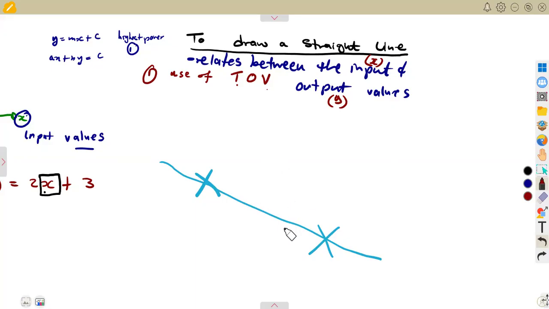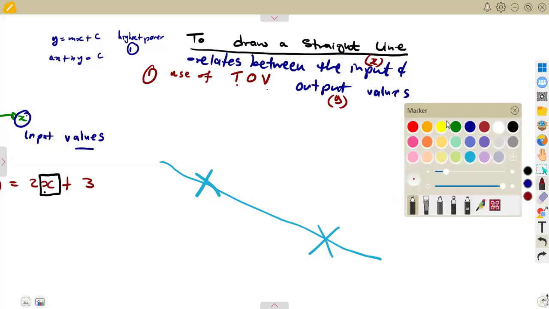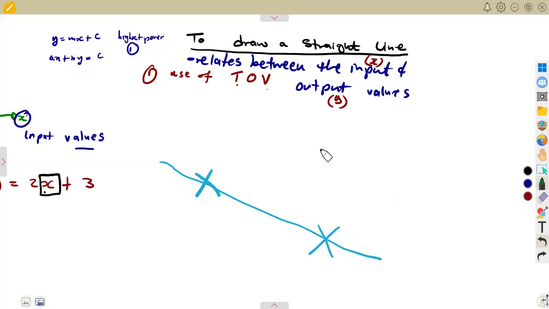With only 2 points, it is going to be difficult for you to note that you have made a mistake, because you can just join those 2 points. There is no reference that you can ever have to check whether it is correct or not. You cannot see the mistake.